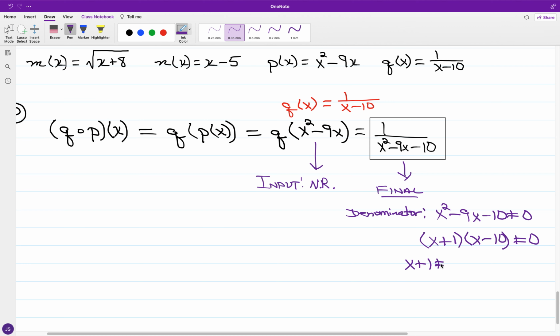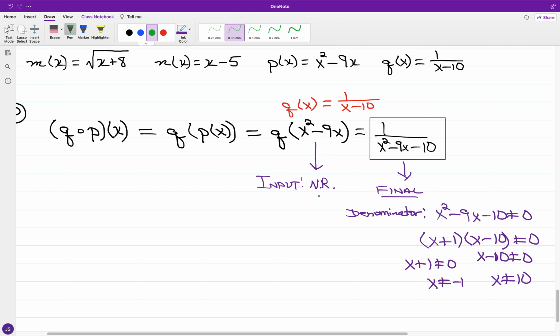Looking at specifically what would be excluded, if x plus 1 is not allowed to be 0, then x cannot be negative 1. And for x minus 10, if this cannot be 0, then x cannot be equal to 10.